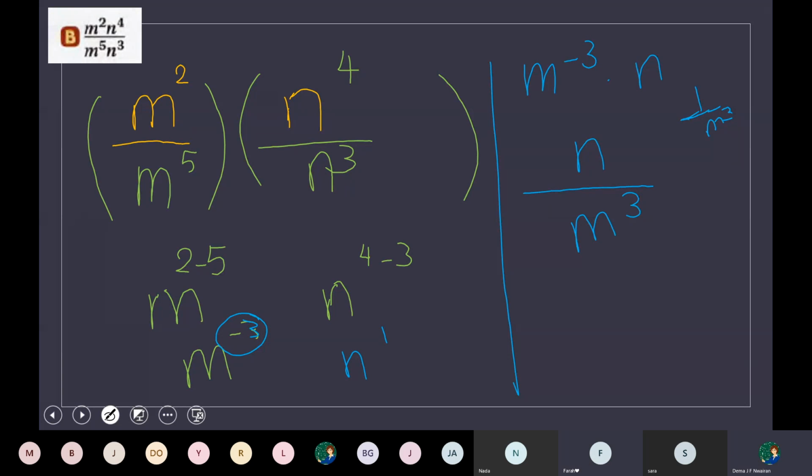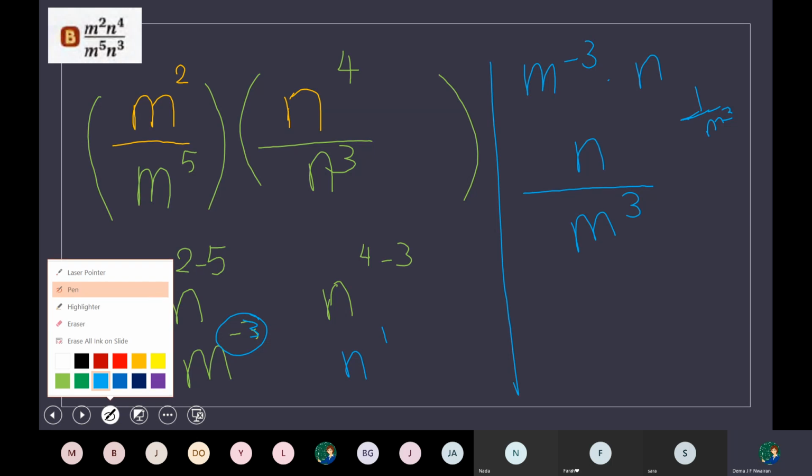Yes, n over m cubed. And you know that it is negative 3, so I will make it 1 over m to the power of 3. The n is put up in the numerator, and the m must be in the denominator. Look here.